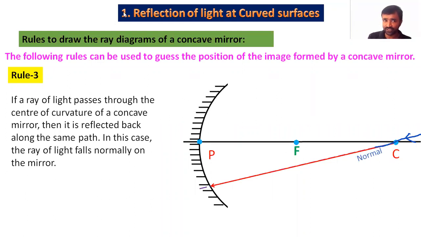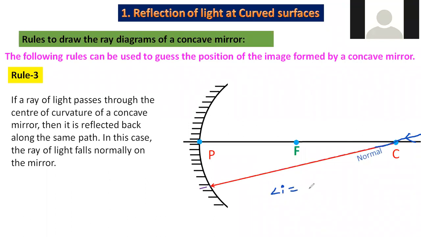Can you measure the angle of incidence here? What is the angle of incidence? Anyone? The angle of incidence is equal to what? Is there any angle between the incident light ray and the normal? Anyone? Sri Charan.